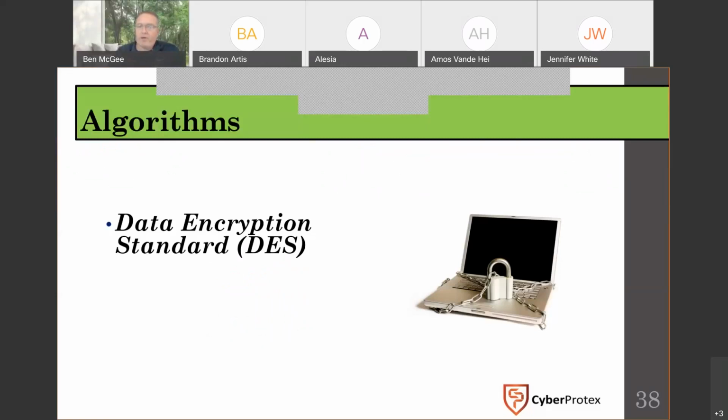IBM had a piece of the pie back in the 70s to help, because they were really good with financial transactions. And they actually had an algorithm with an interesting name called Lucifer. That algorithm was accepted, but the DES program started to come in and figure out what's going to be the strongest and most efficient way to have encryption implemented within any environment across the world.